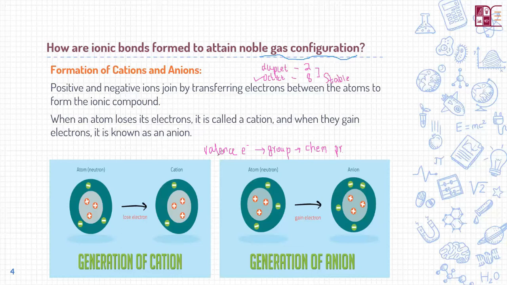So this is the importance of the valence electrons, and this is how bonds are formed, because of the transfer of these valence electrons.